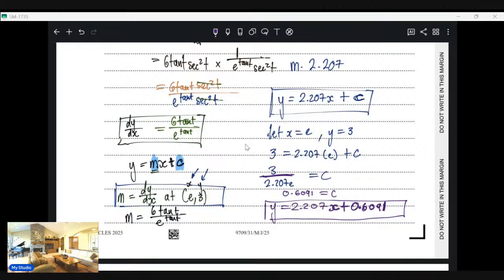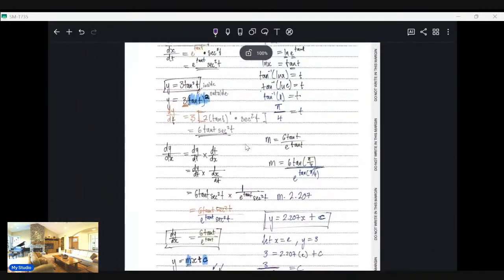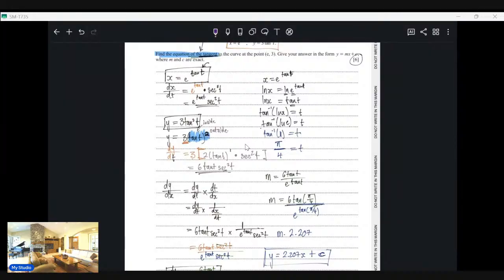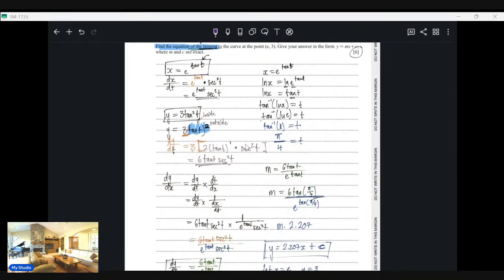What is the solution? R squared? Okay. Say it again.